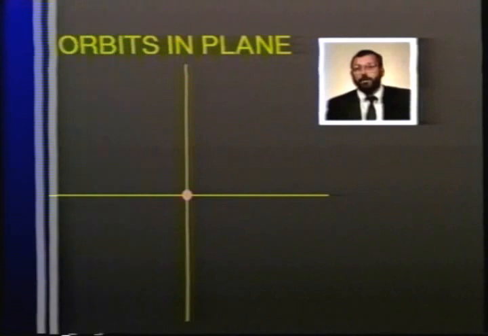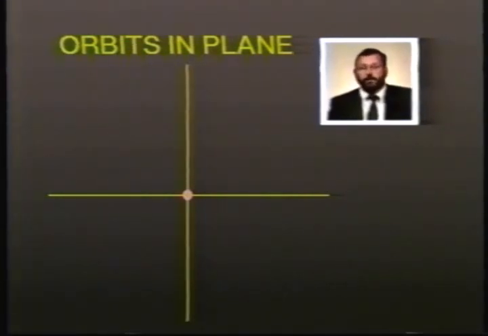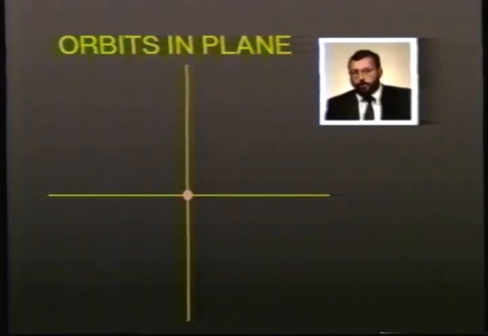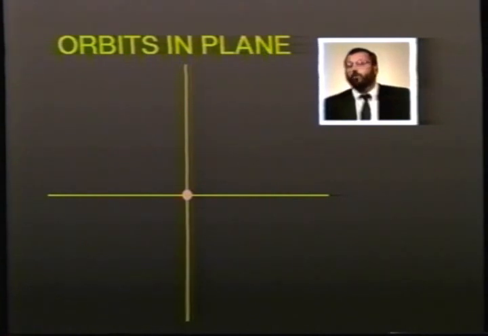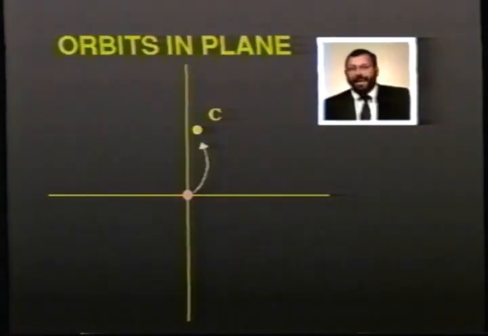Now there's one major difference between orbits in the complex plane and orbits on the real line. We can no longer use graphical analysis to describe the orbits of a complex function. For example, let's look at the orbit of 0 under iteration of z squared plus c. If we take 0 and square it and add c, we reach the complex number c, wherever that happens to be.